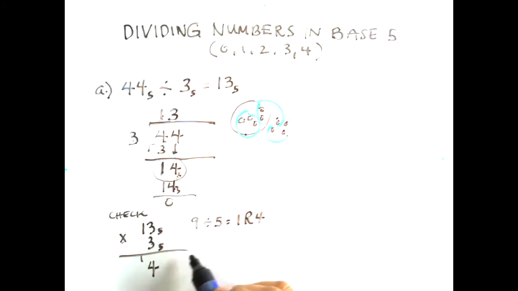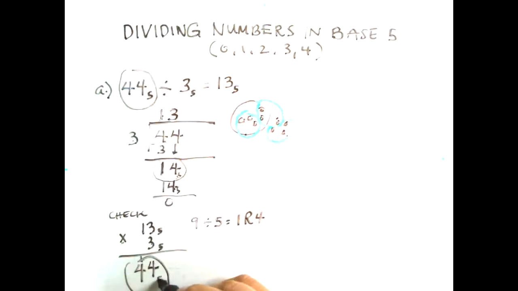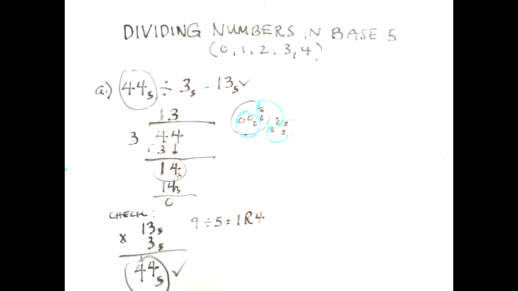And then we have 3 times 1 is 3 plus 1 is 4. So that answer here is the same as the one from the beginning. This is base 5, so we checked it, our answer 1, 3 is correct.